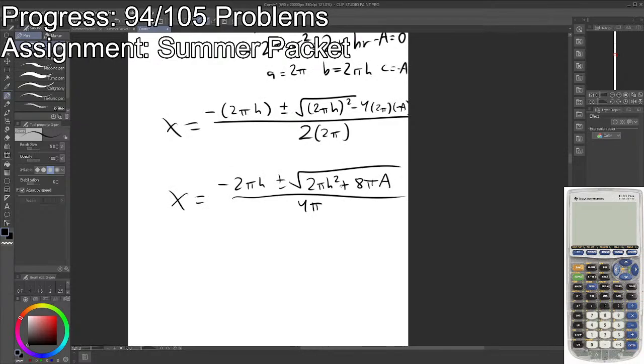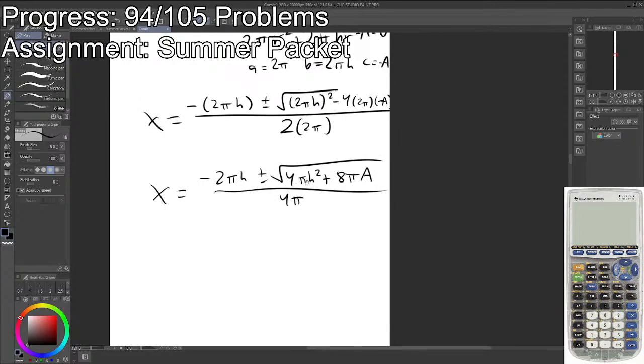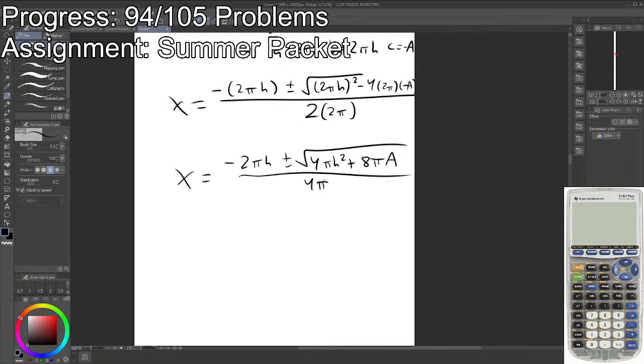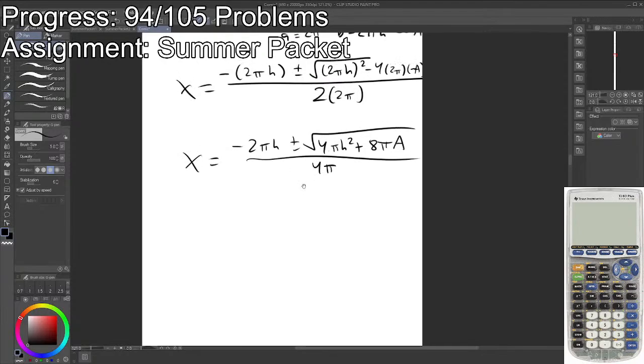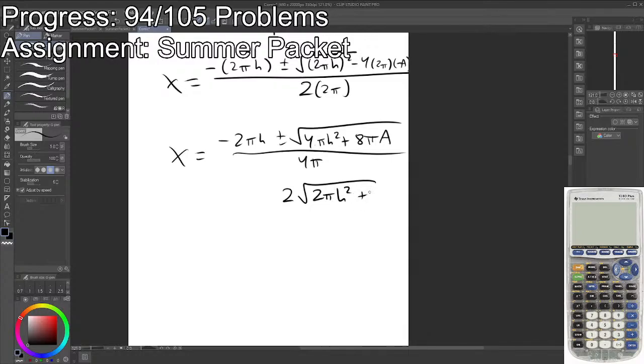Wait, but how's this 2? Why'd I make that 2? Should be 4. To get it. The rest was right. No, it's 2. Okay, oh wait, the 2 goes away here.